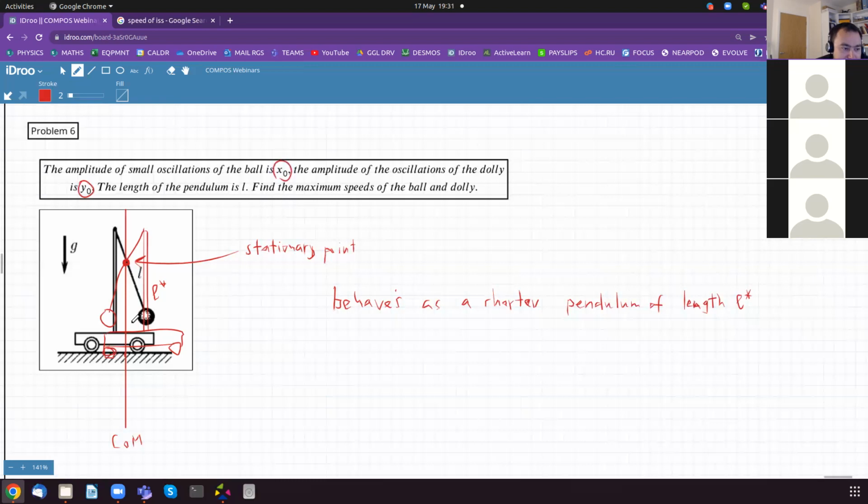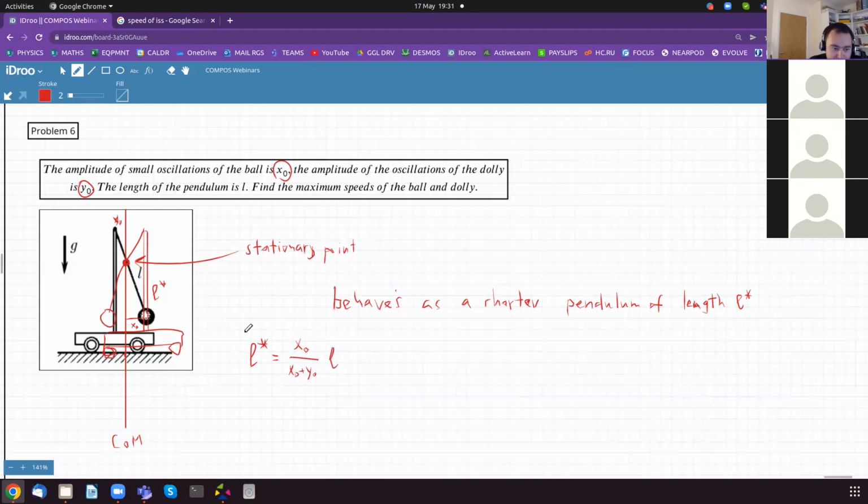So as the pendulum swings to the right, a maximum distance of x0 and y0, it's quite easy to establish that the length of the pendulum is x0 over x0 plus y0, multiplied by L, by the length.